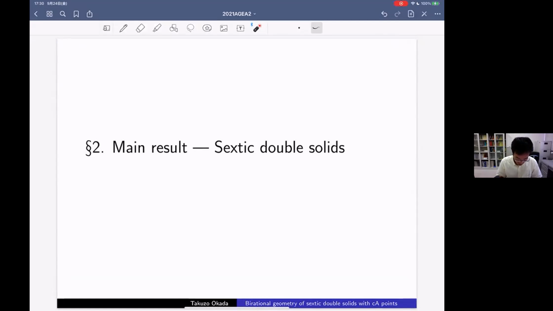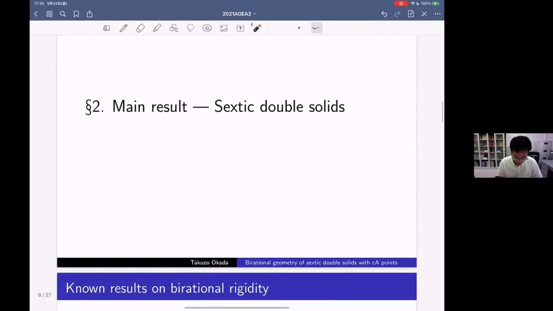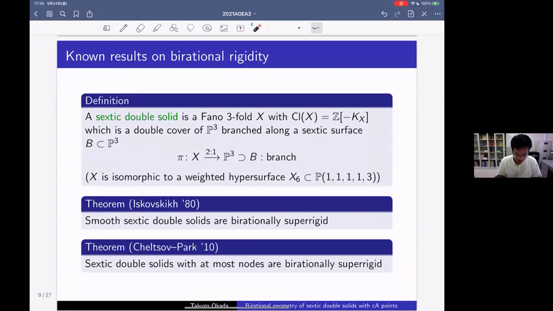Okay, so yes, next I talk about the main results on sextic double solids. So first of all, start with the definition. A sextic double solid is a Fano threefold whose class group is isomorphic to Z and is generated by the anticanonical divisor. So of course it is Picard number one.